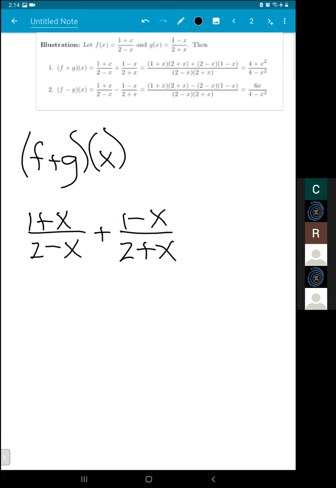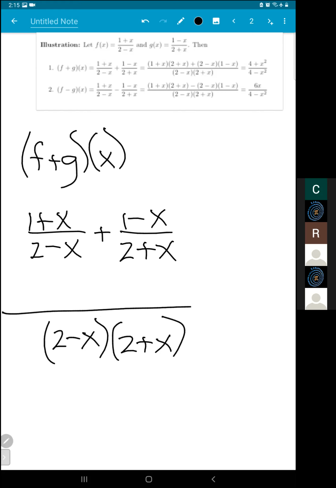Yes. How do I simplify it? You get the LCD. And then you divide, then you multiply. Actually, you can just cross multiply.